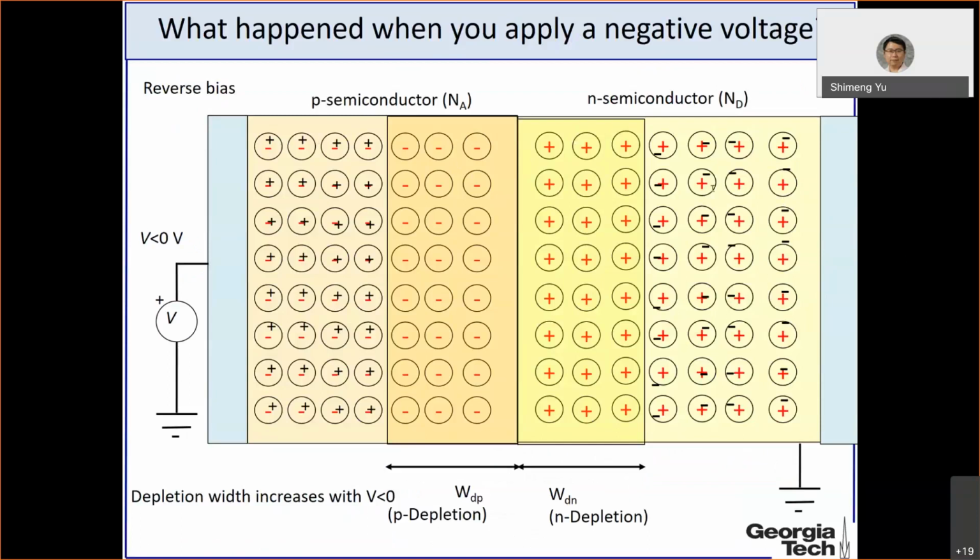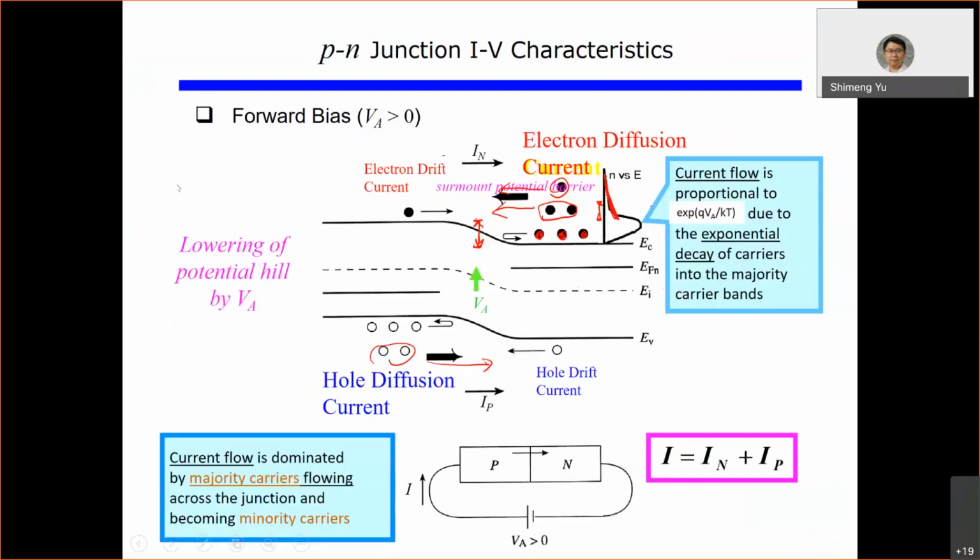Wouldn't the decay of the carrier be into the minority bands? Both here, I think we are talking about the decay of this. Yes, both the p-type and n-type will follow the same kind of exponential decay.